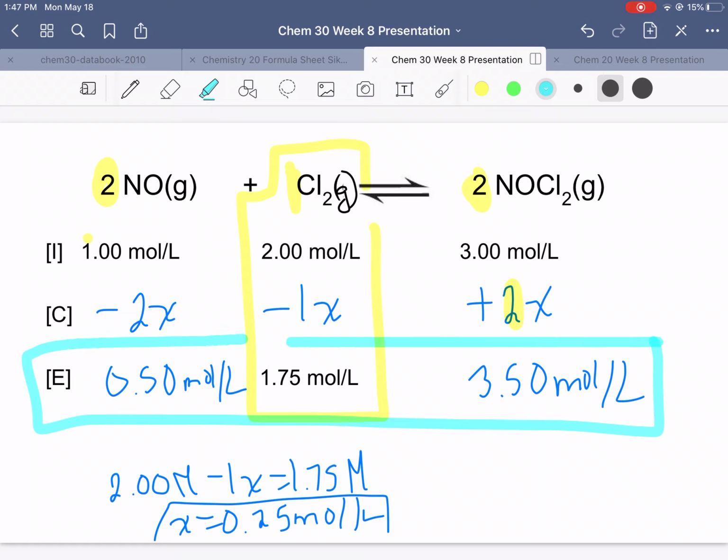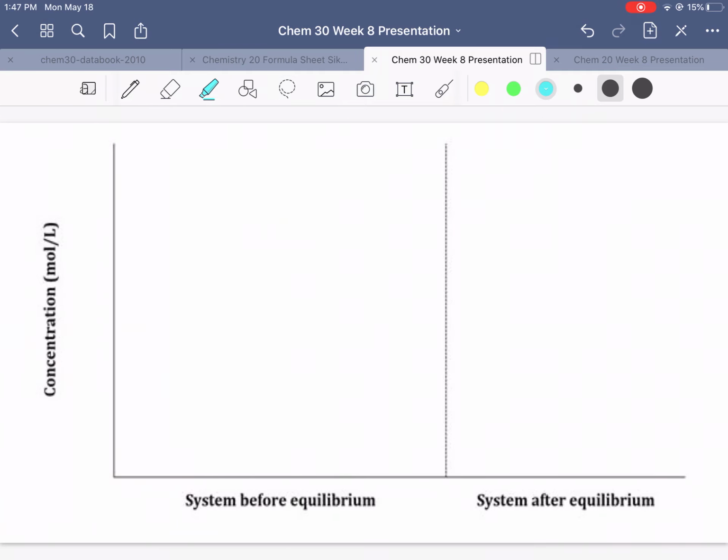Okay, let's draw this thing. Once again, your drawing doesn't have to be perfect, but it has to show relatively that the 2 reactants are both going down in this case, whereas the product is increasing in concentration. I'm going to do my nitrogen monoxide gas in yellow. It's starting at a concentration. It's not at 0. I'm going to put it a little bit higher here.